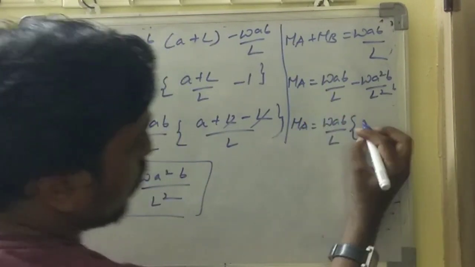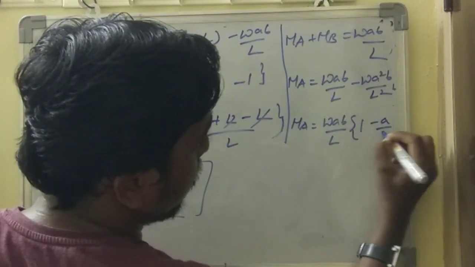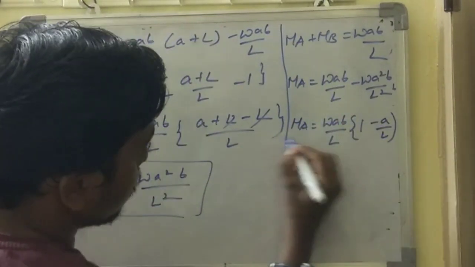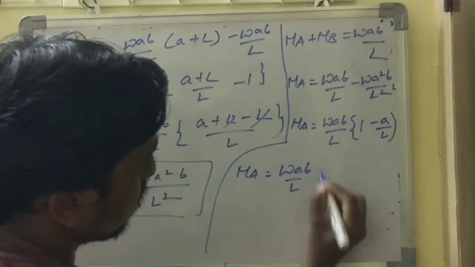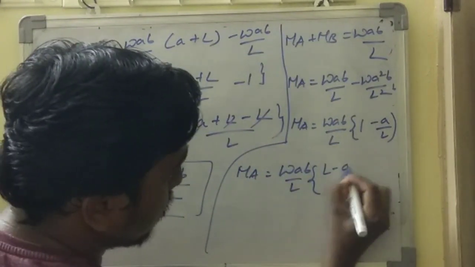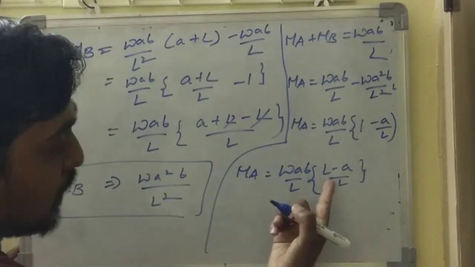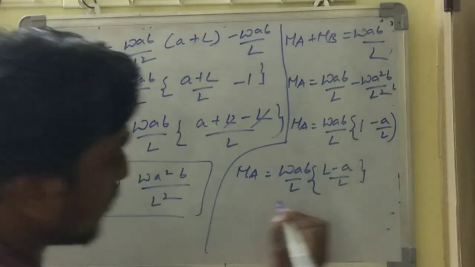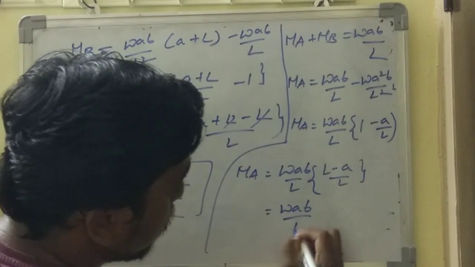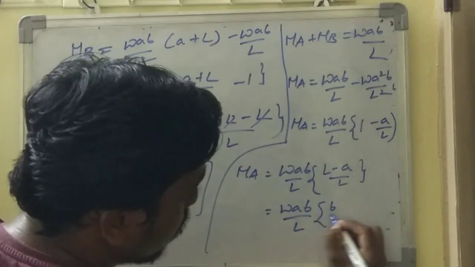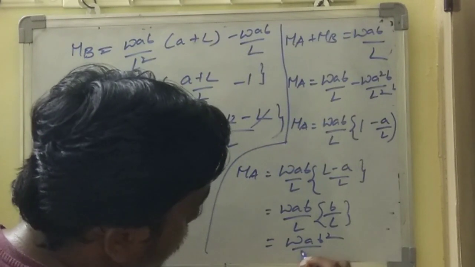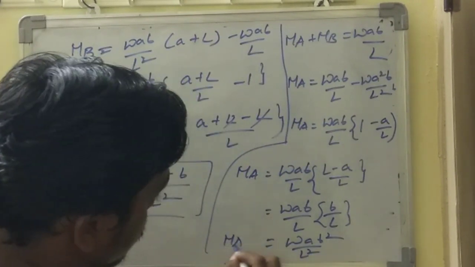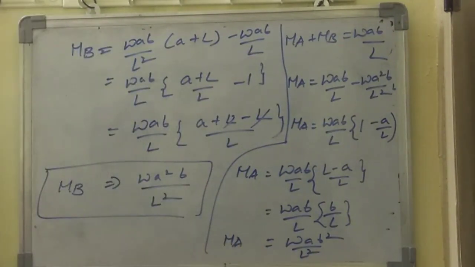What happened? 1 minus A/L. MA equal to WAB/L into (L − A)/L. So A + B equal to L, where B equal to L minus A. So therefore WAB/L, I am taking L minus A equal to B. So therefore WAB²/L². So your MA value will be equal to WAB²/L².